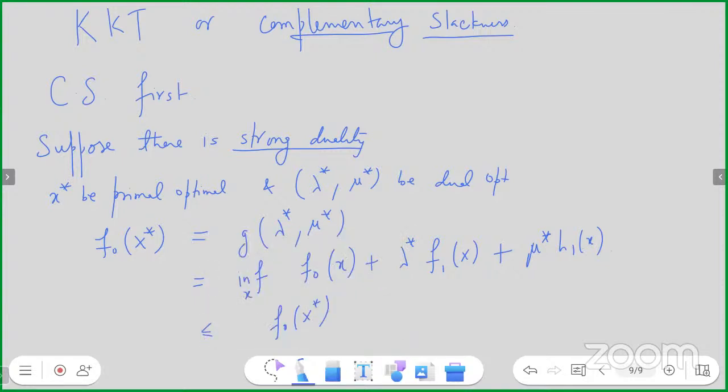How did we arrive here? This is greater than or equal to 0, we know. f1 of x is less than or equal to 0. So this guy doesn't matter because h of x star is 0. So what is the next inequality I should have written?